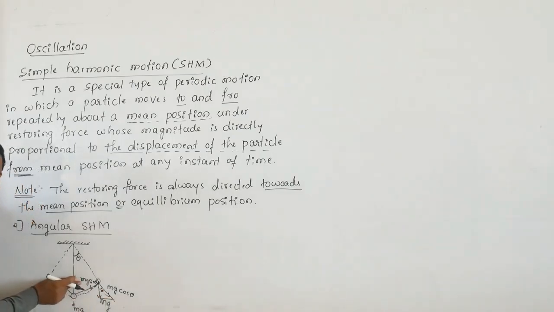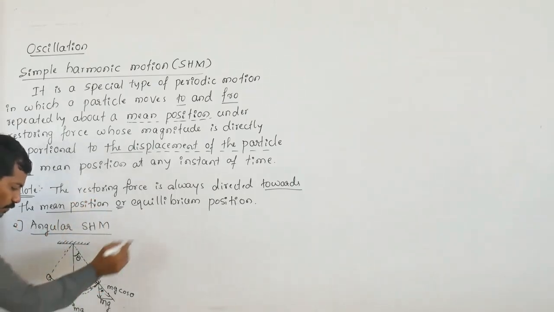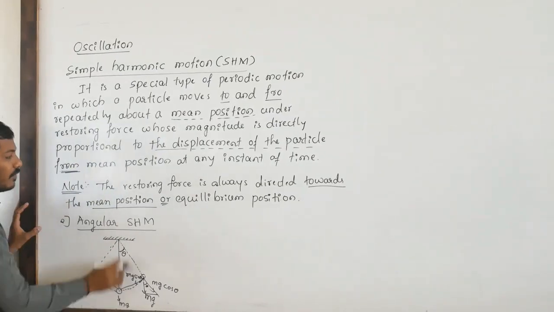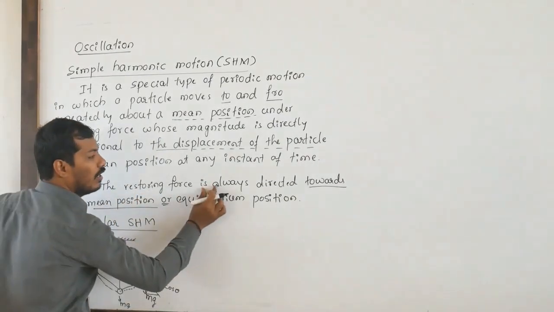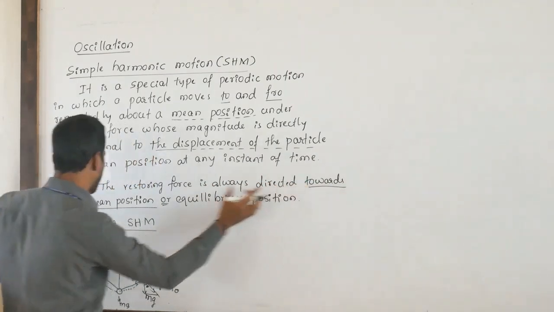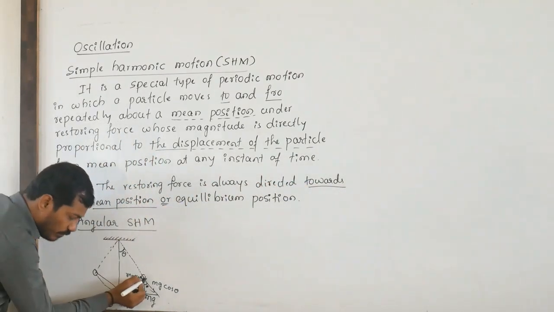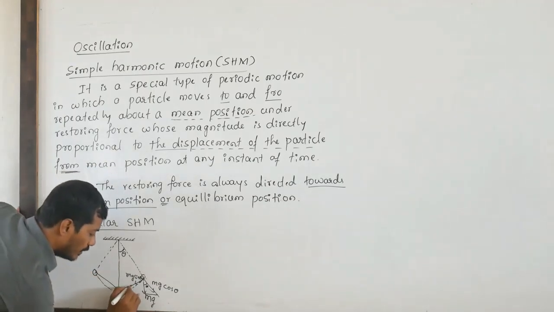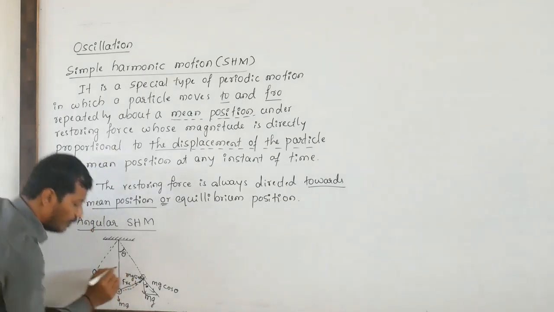These two are parallel to each other. Now mg sin theta: if you apply the force like this, the restoring force is directed towards the mean position. The restoring force is always directed towards the mean position. It is the mean position here, and it is called the restoring force.